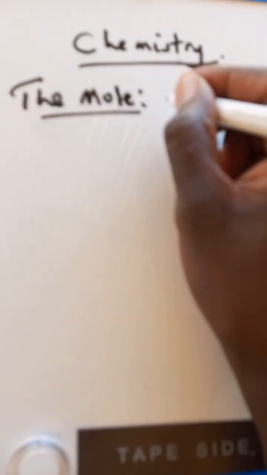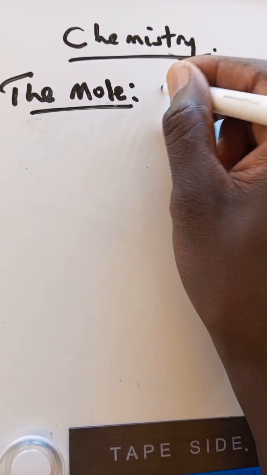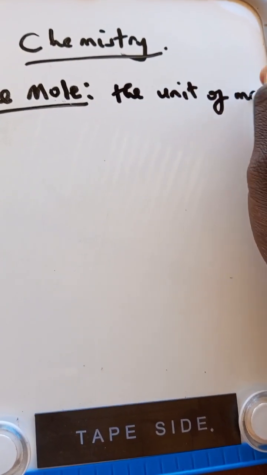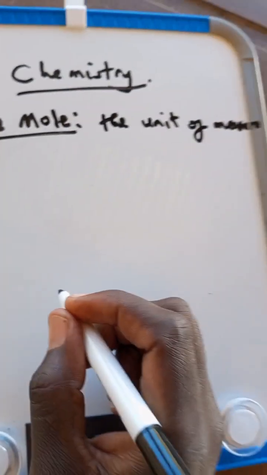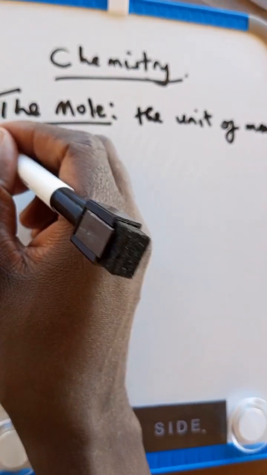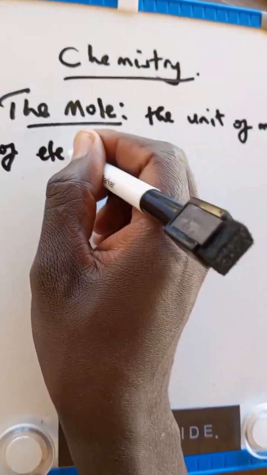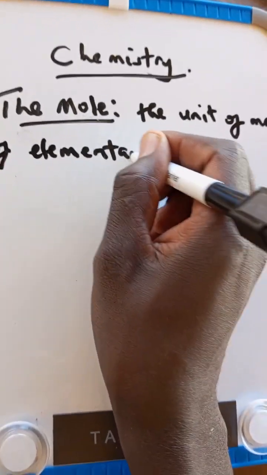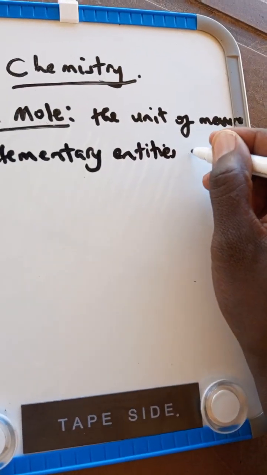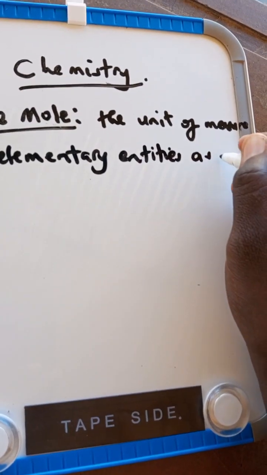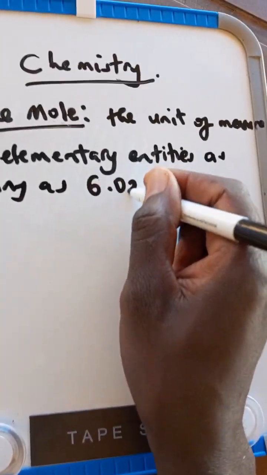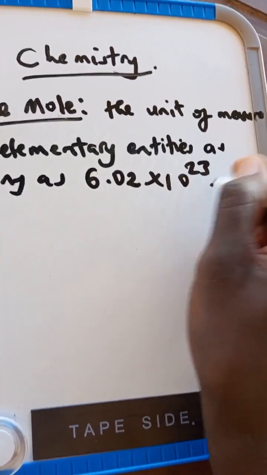So basically the mole is the unit of measure, or the unit of amount of substances, unit of measure of elementary entities as many as 6.02 times 10 to the power 23.